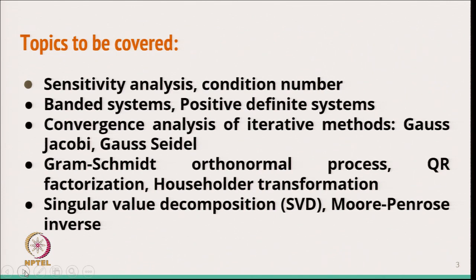That will be discussed through the singular value decomposition, and then we are also going to discuss the Moore-Penrose inverse or pseudo inverse, because when the matrix is not a square matrix, how are we going to take the inverse of that matrix. That we will discuss with the Moore-Penrose inverse.